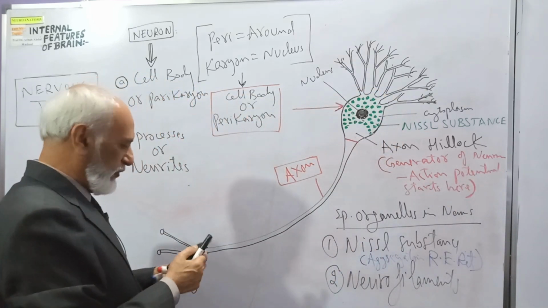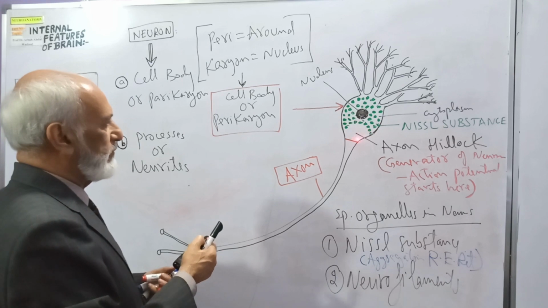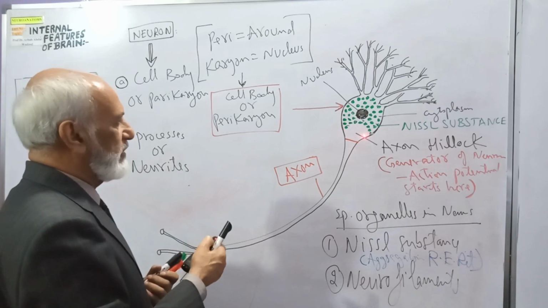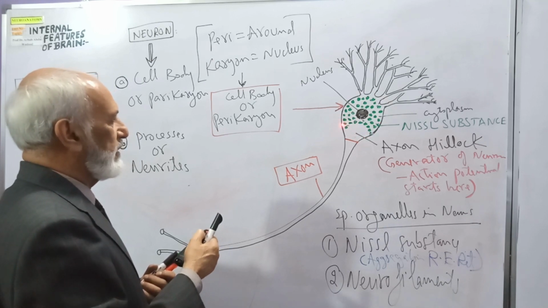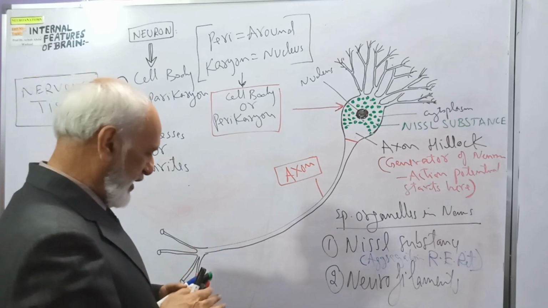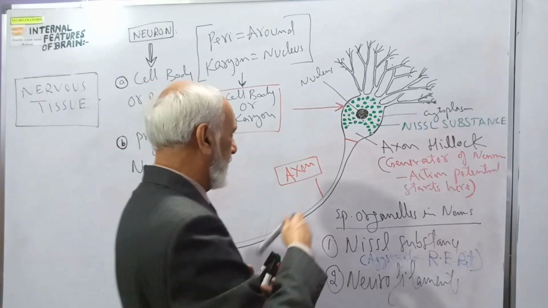The axon hillock part of the cell body of the neuron is considered as generator of the neuron because action potential is generated here. Rest of the cell body of the neuron, which is occupied by nissl substance, is the nourishment center of the neuron.